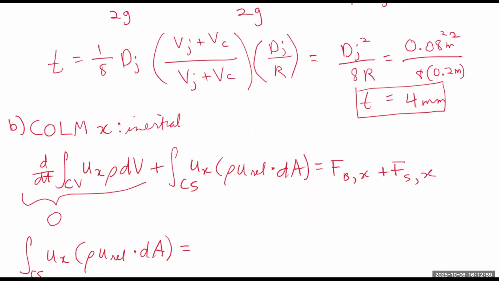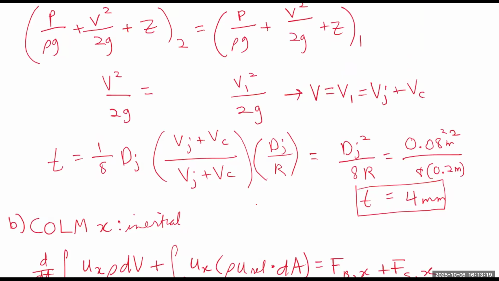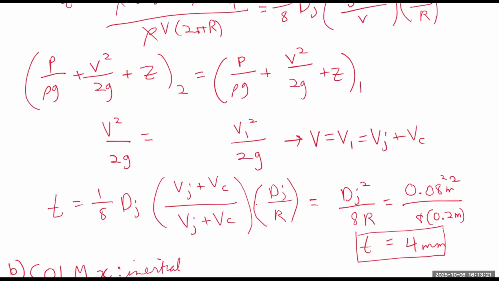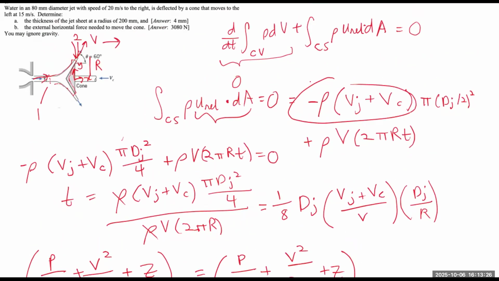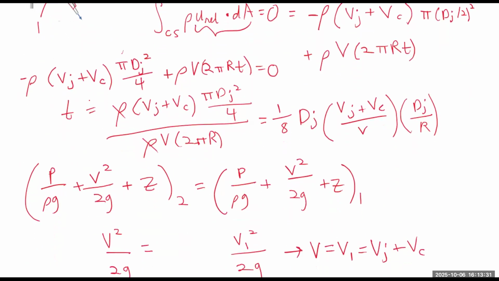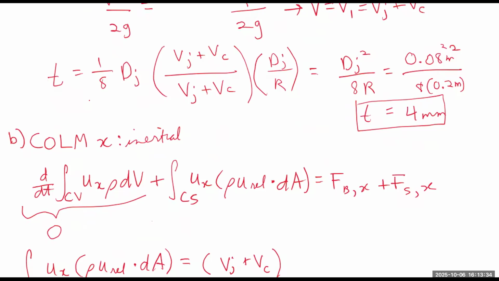So it's going to be equal to Vj plus Vc, and times what we saw previously, negative rho times Vj plus Vc times pi dj squared over 4.